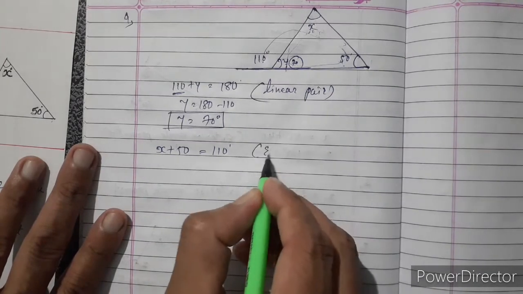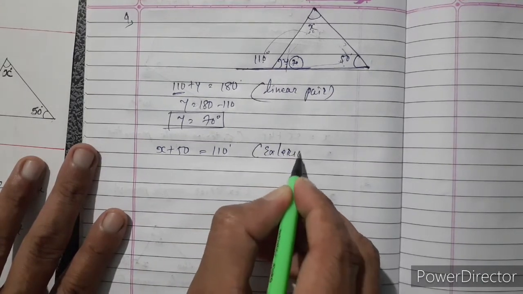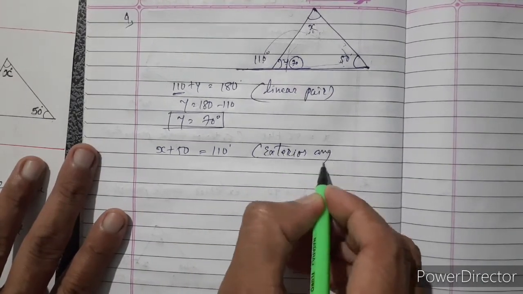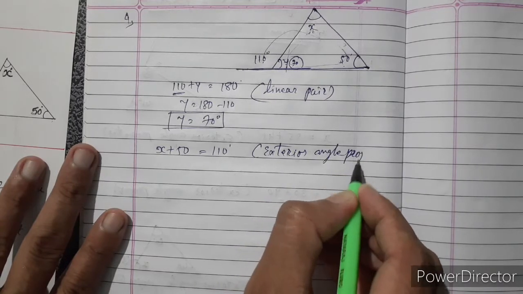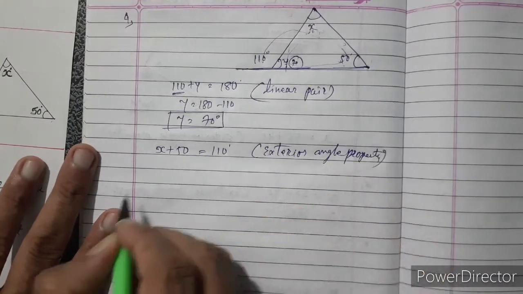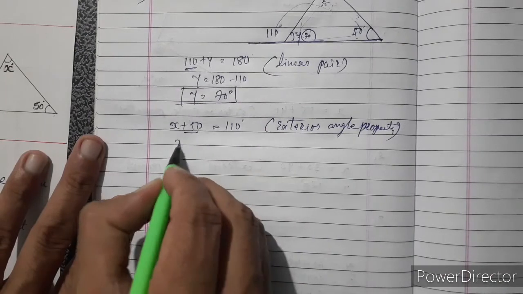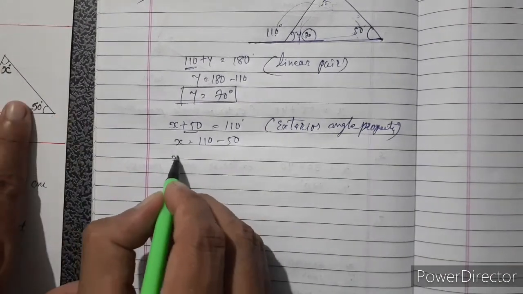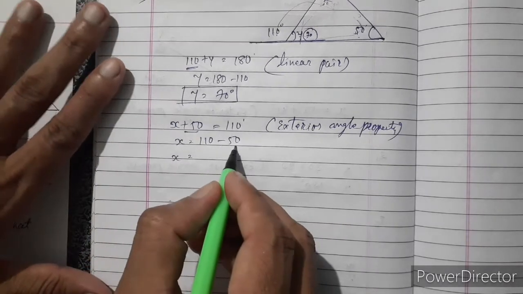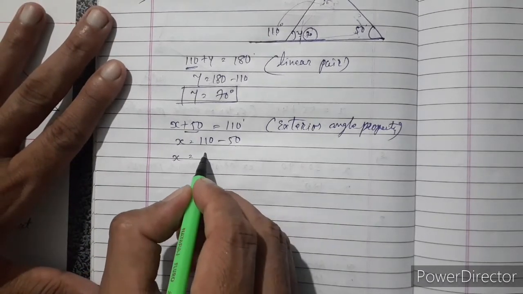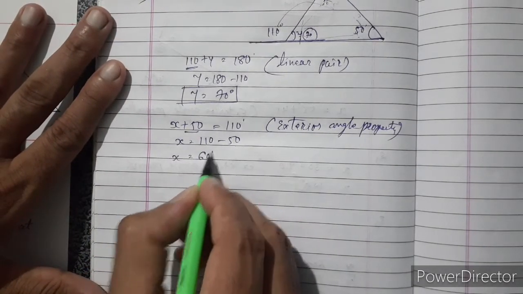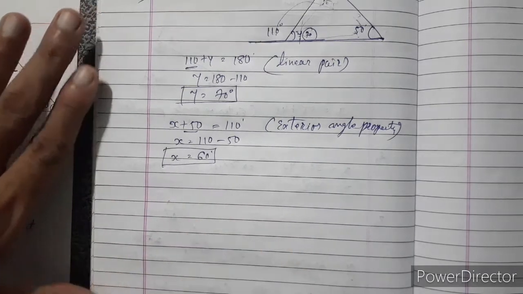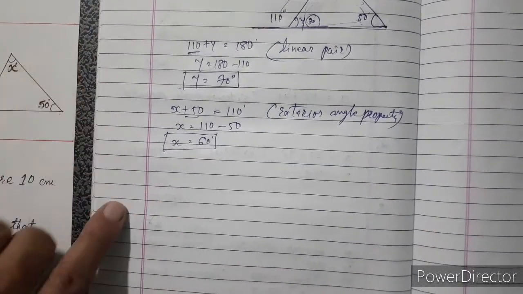Write down here exterior angle property. Now change the side of 50. x equal to 110 minus 50 equal to 60. So x equal to 60 degrees.